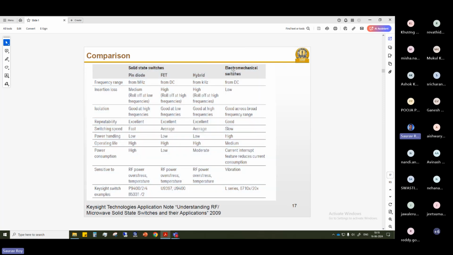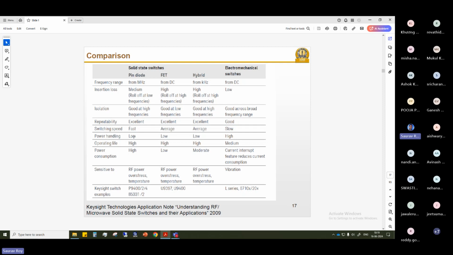Okay, so pin diode, and then if you have FET and hybrid and MEMS switch. So if you see the frequency range, pin diode starts from megahertz, and FET, you can use even MEMS switches from DC itself. And the insertion loss, if you see, is medium for a pin diode. That means good, and isolation is also good here. Switching speed is very good for pin diode, again fast.